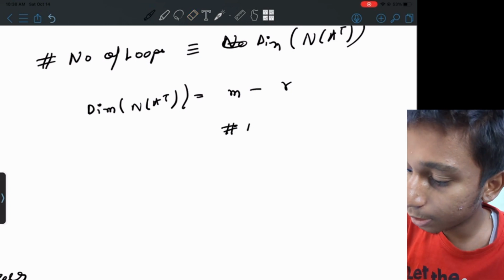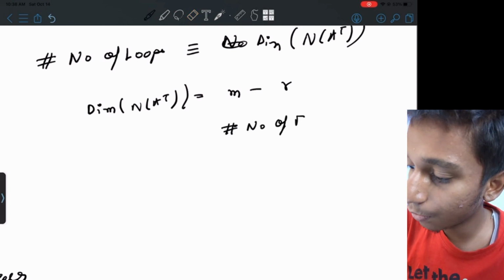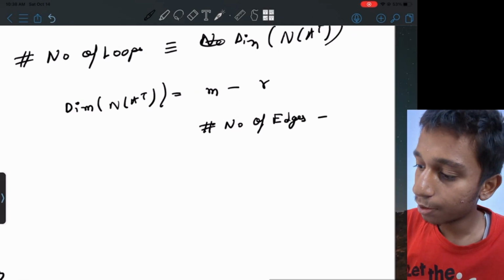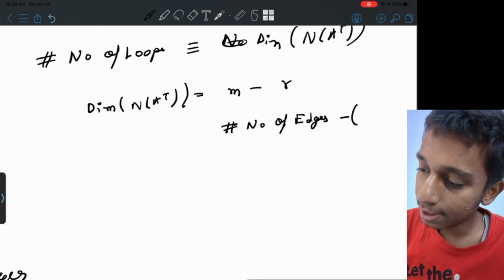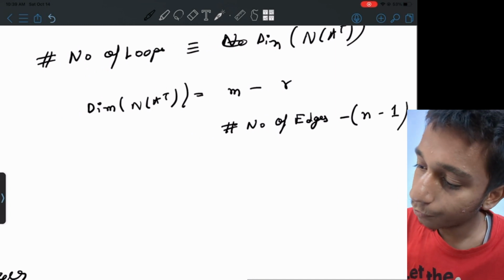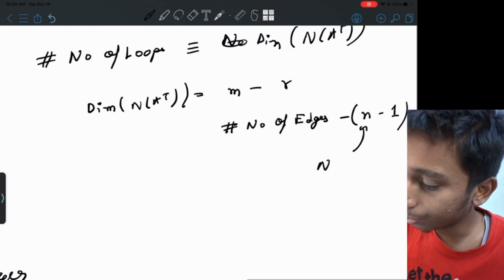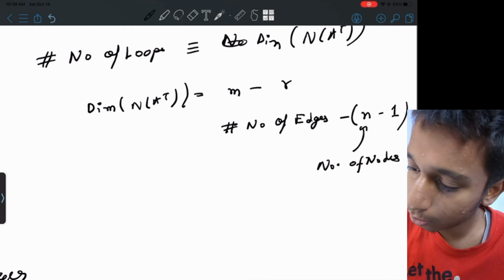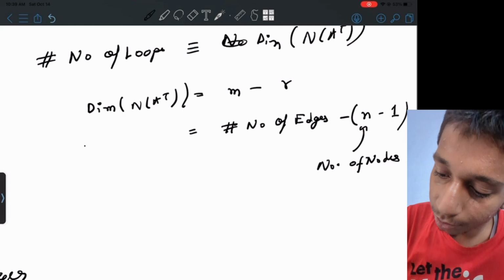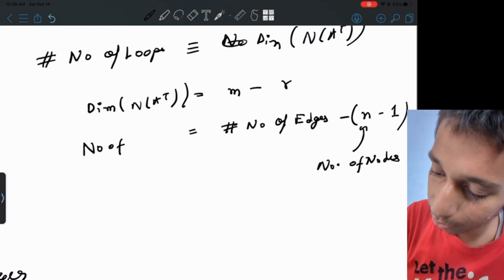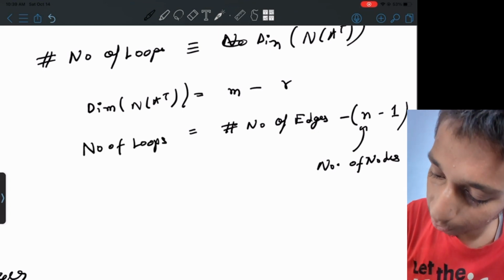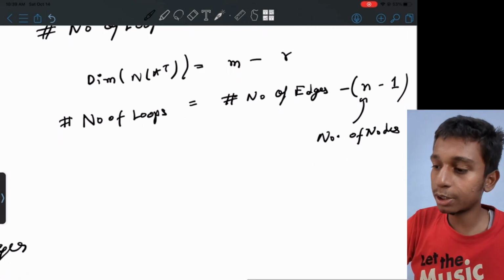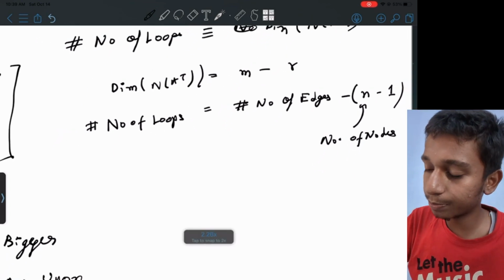So M is the number of edges of the graph and rank is n minus 1, where this n is the number of nodes, and this is exactly equal to the number of loops, and this gives us a really important relation that is not seen very easily.